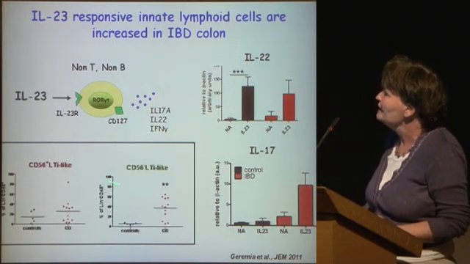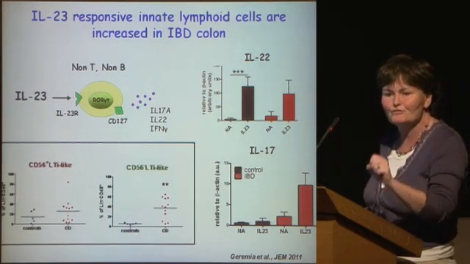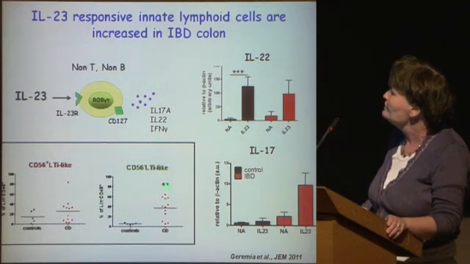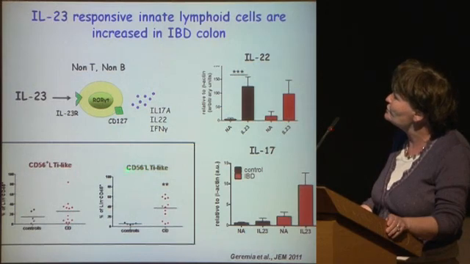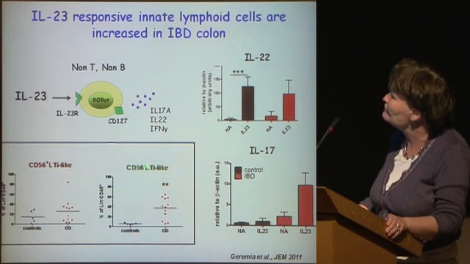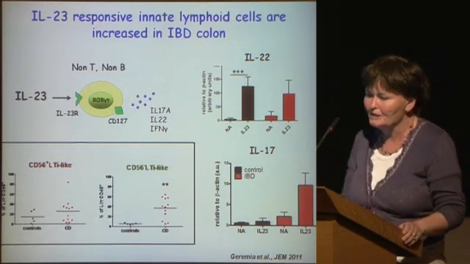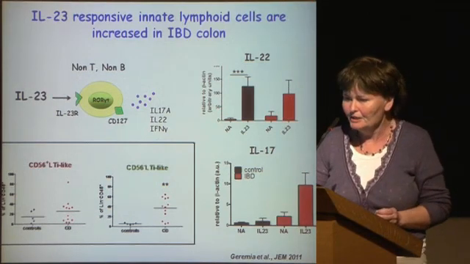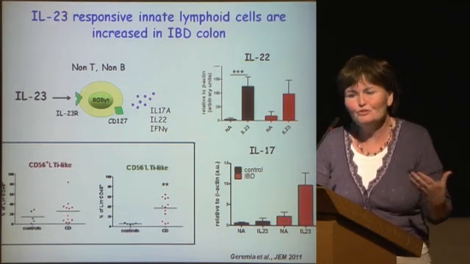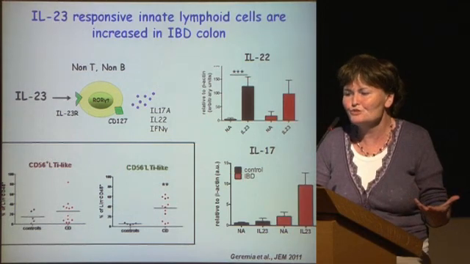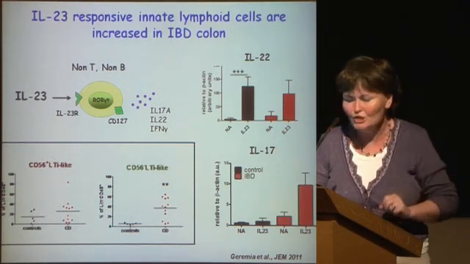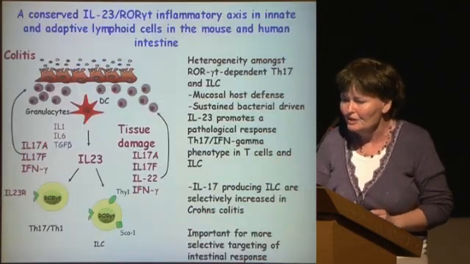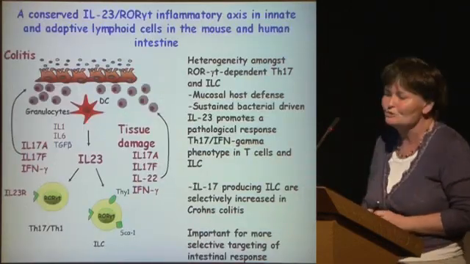And if you actually quantitate different subsets of innate lymphoid populations, then Crohn's disease specifically was associated with an increase in the NK negative LTI-like populations, which we did not see in ulcerative colitis. So there is evidence that IL-23 responsive innate lymphoid cells are present in the human intestine, and there may be changes associated with different forms of inflammatory bowel disease.